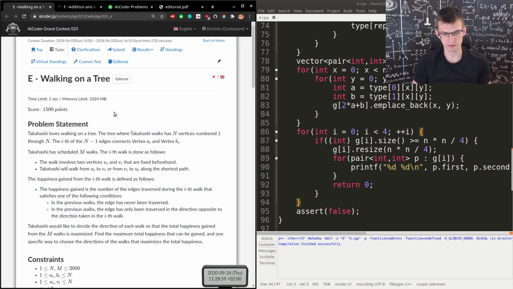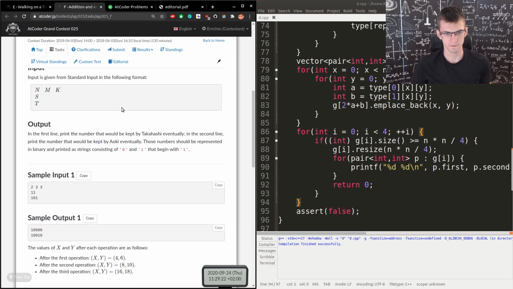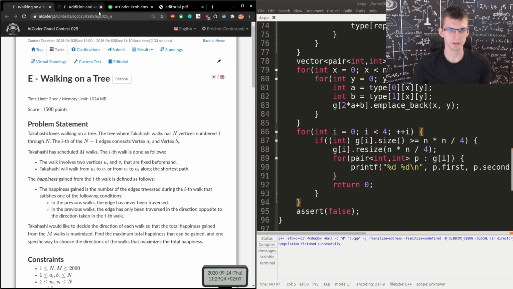Direct the paths to maximize the score. For every edge, we know if it will be at least once traversed. So it's only about maximizing the number of edges where we traverse in both directions. And then I'm fine solving E.